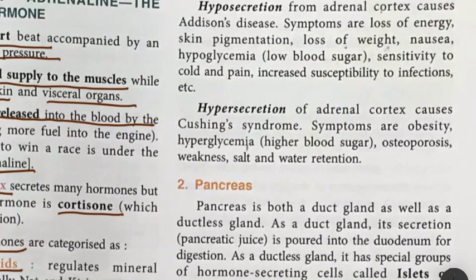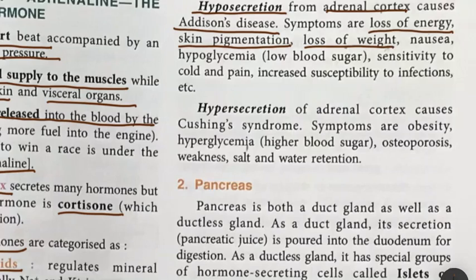Now hyposecretion, if there is less secretion from the adrenal cortex, it causes a disease which is known as Addison's disease. Symptoms are loss of energy, skin pigmentation, loss of weight, nausea, hypoglycaemia. Hypo means less. Glycaemia means blood sugar.